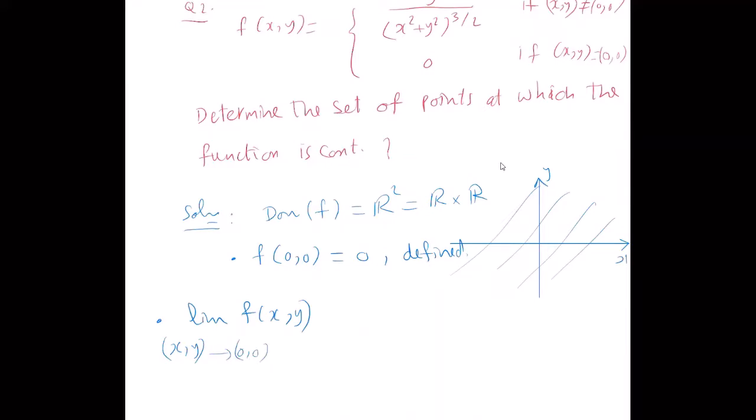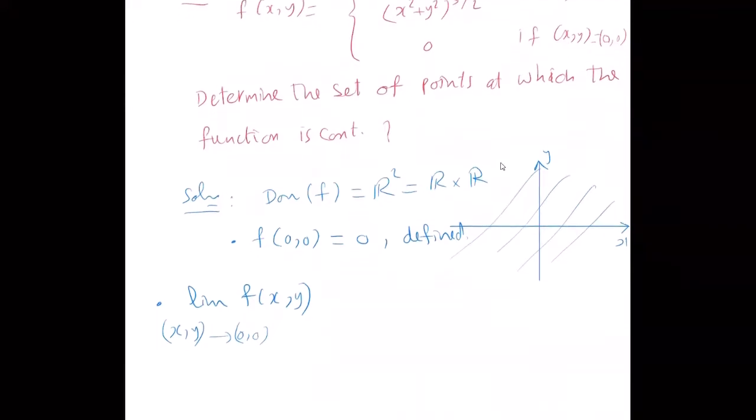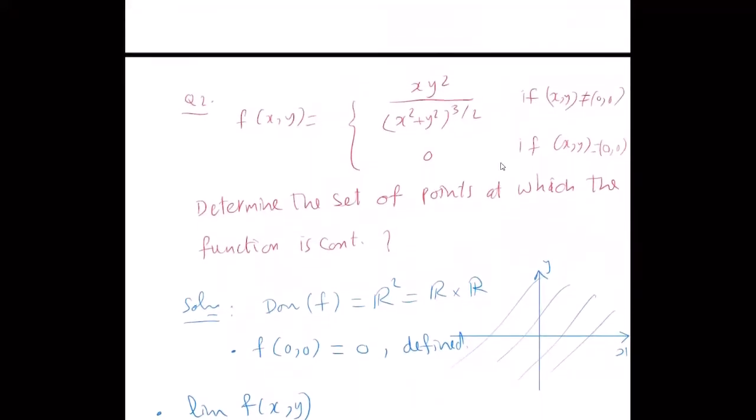If this limit exists and equals 0, therefore the function is continuous at 0, 0. If this limit exists and is not equal to 0, it's not continuous. If this limit does not exist, for sure the function will not be continuous. So now we need only to compute this limit.